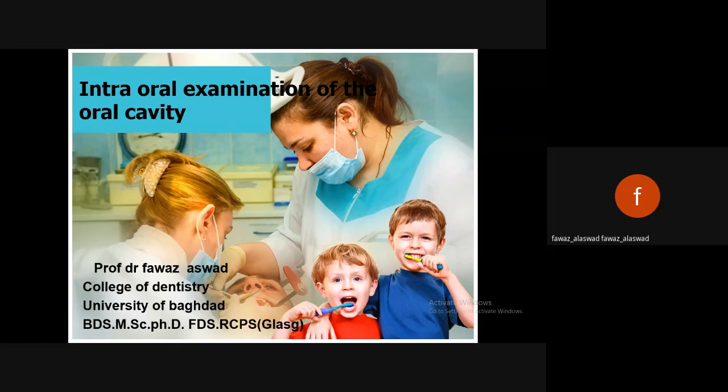We also know further information regarding the drainage of the lymph nodes, taking into consideration other structures such as the tongue and the neck, in addition to more information regarding the nail examination. So today we are going to have information regarding the intraoral examination of the oral cavity.